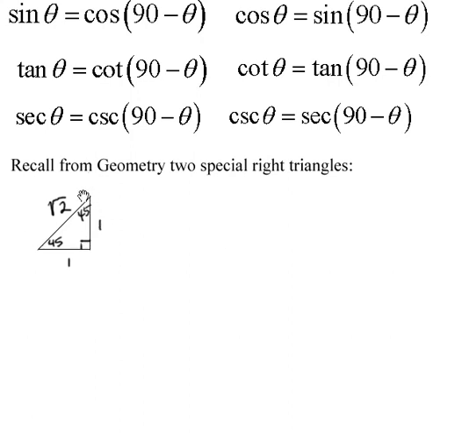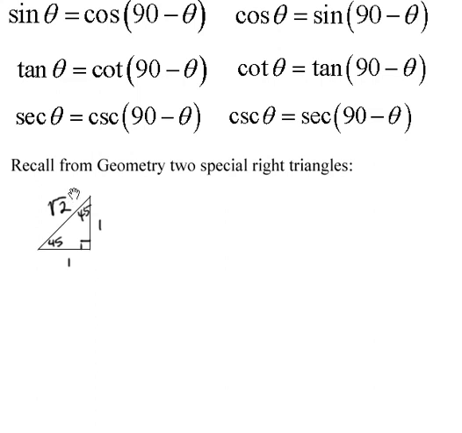But before we go too much further, I want to take you on a little tour of geometry. There are two special right triangles you should remember. There's the 45, 45, 90 right triangle. Back then we might have said that this side was x, this side was x, and this side was x times the square root of 2.